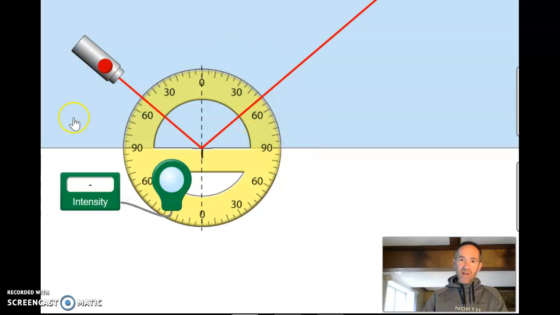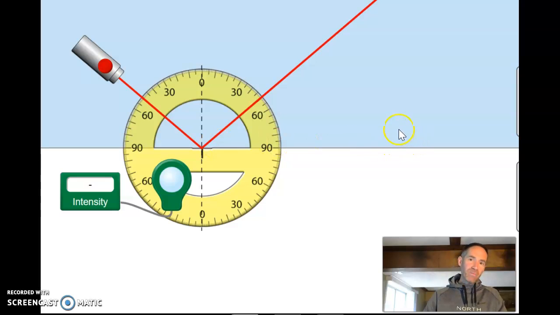So this is a special case. It only happens whenever you're going from a higher index to a lower index. If I was going from air to water, I could have gone all the way down to 90. But because I'm going from a higher index to a lower index, we're bent away from the normal, and as the angle of incidence gets bigger, the angle of refraction gets bigger faster, and eventually it'll be up at 90 degrees.